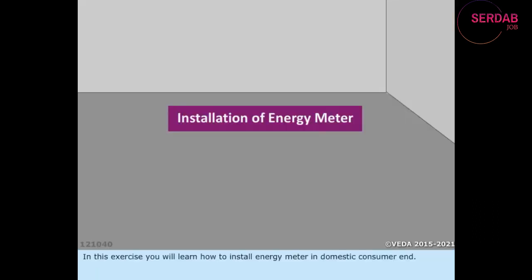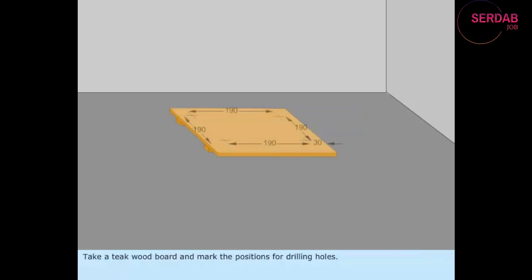In this exercise, you will learn how to install energy meter in domestic consumer end. Take a teak wood board and mark the positions for drilling holes. Drill holes on the marked points using a hand drilling machine.